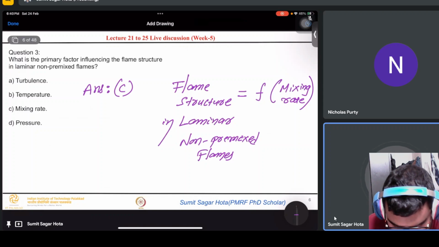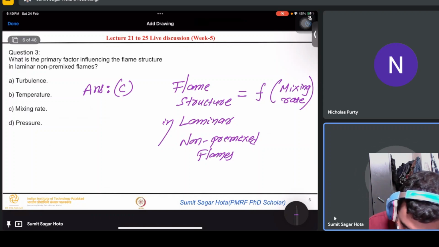How the fuel and oxidizer mix determines the flame structure.